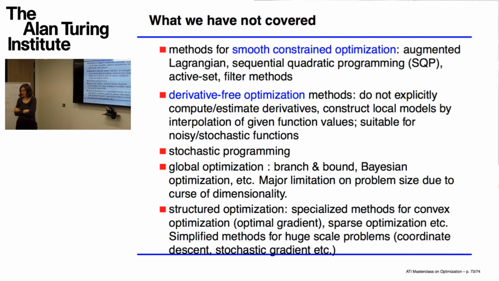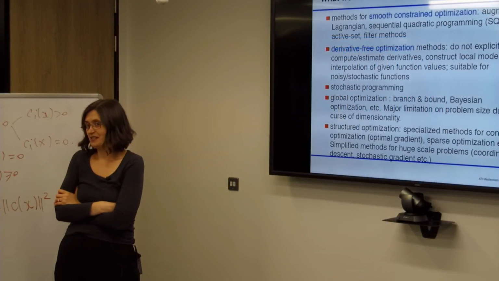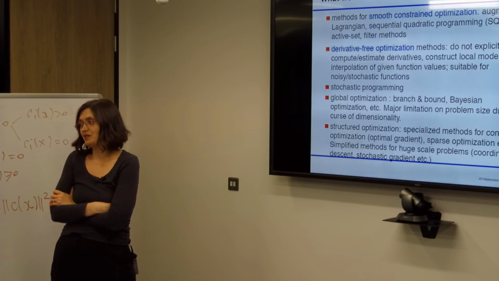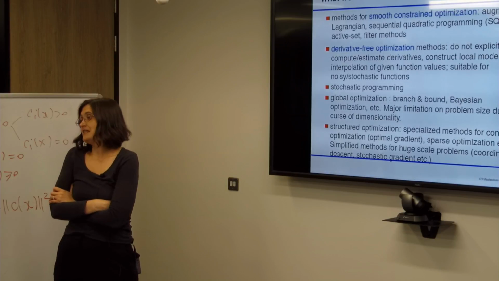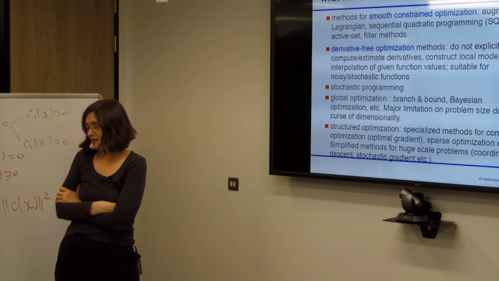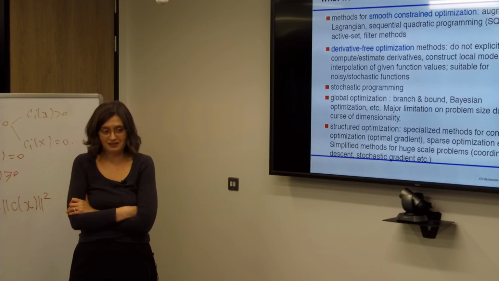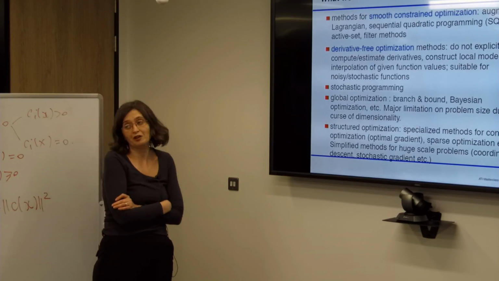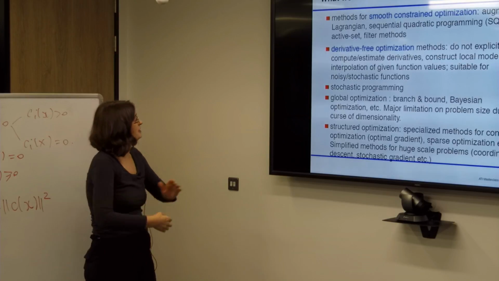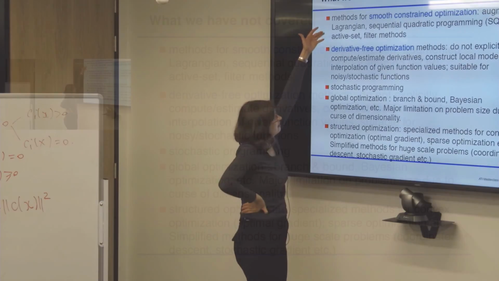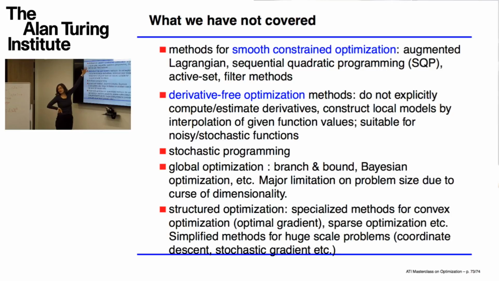Right. So I've tried to give you more of an overview for unconstrained problems of the state-of-the-art methods, and for constrained problems, just to give you a taste of an example of two classes of methods that are state-of-the-art. There are others, and people usually use a combination of them. These are some of the methods that a usual course in this would contain.